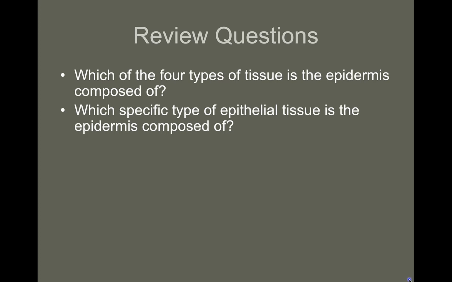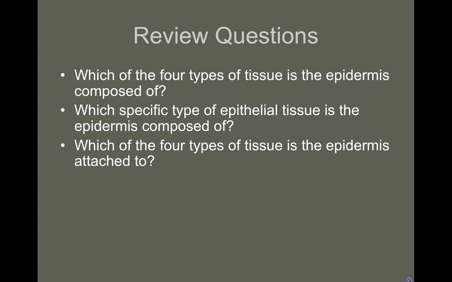And so which specific type of epithelial tissue then is the epidermis composed of? So think about all that we went over last week with the different types of epithelial tissue. All right, I hope you said keratinized, stratified, squamous epithelial tissue.